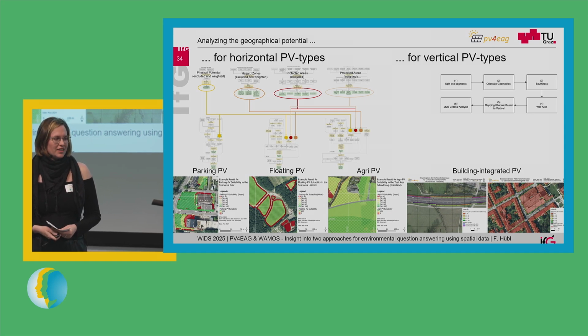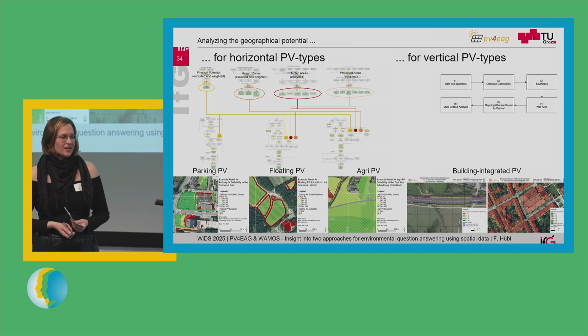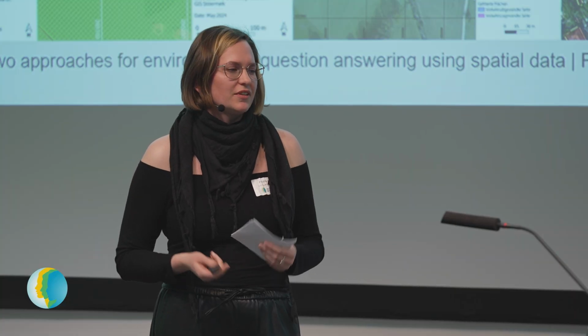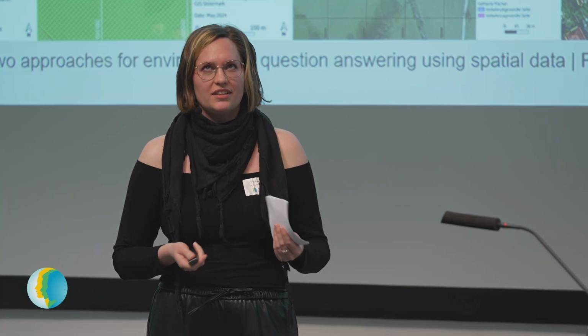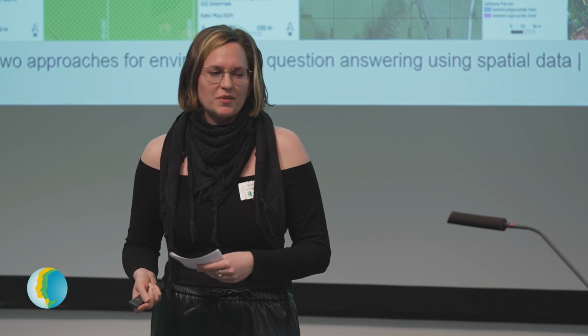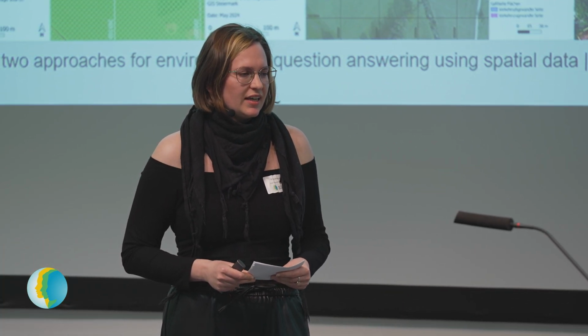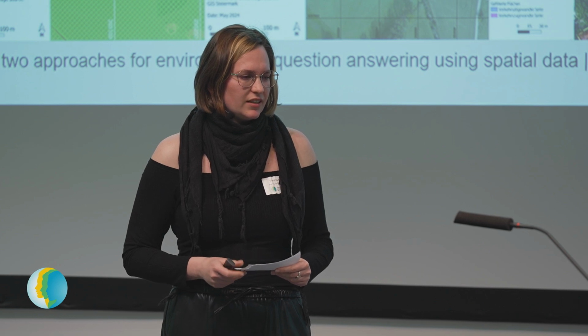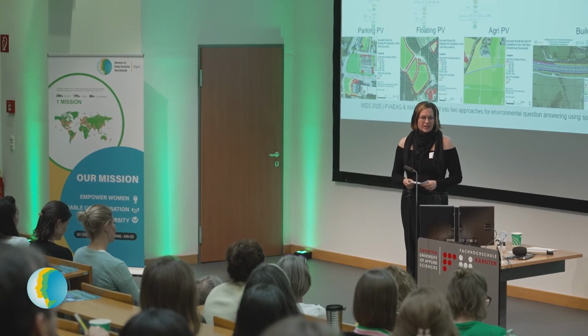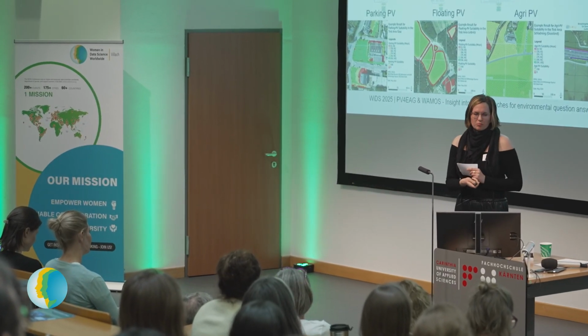We have different PV types, so we also have different criteria, of course, and we have to handle them separately. We have criteria like protected areas. We have zones like danger zones we have to keep in mind, depending on the type. And here you can see example results.